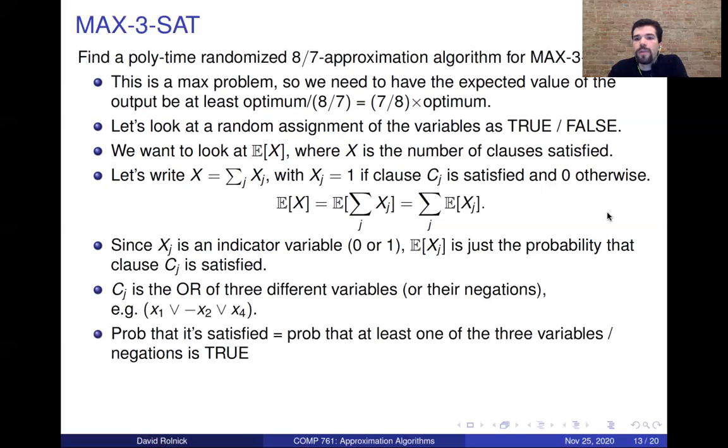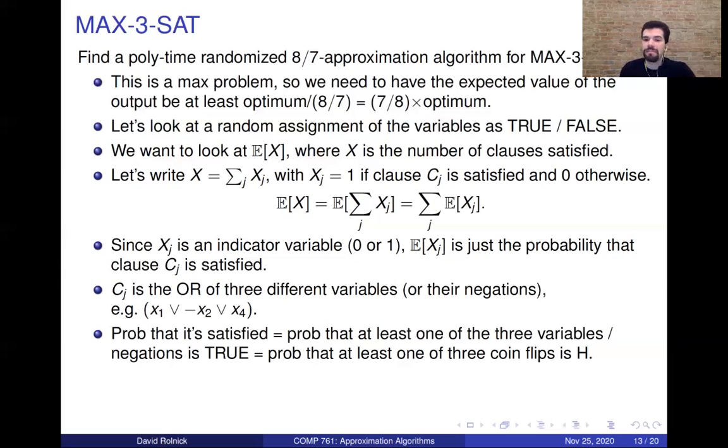So the probability that this is satisfied is the probability that at least one of the 3 variables or their negations is true. That just corresponds to flipping 3 coins: the probability that at least one of them turns up heads. And what's the probability that at least one of 3 coin flips is heads?